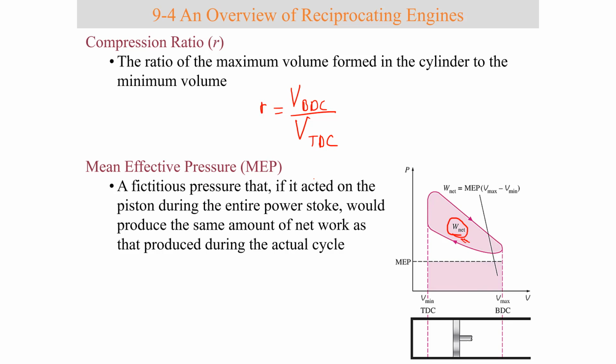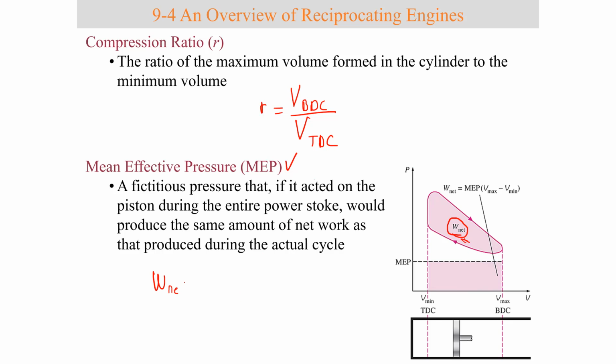Now, there's this thing called mean effective pressure. The mean effective pressure is a fictitious pressure that, if it acted on the piston during the entire power stroke, would produce the same amount of net work as that produced during the whole cycle.